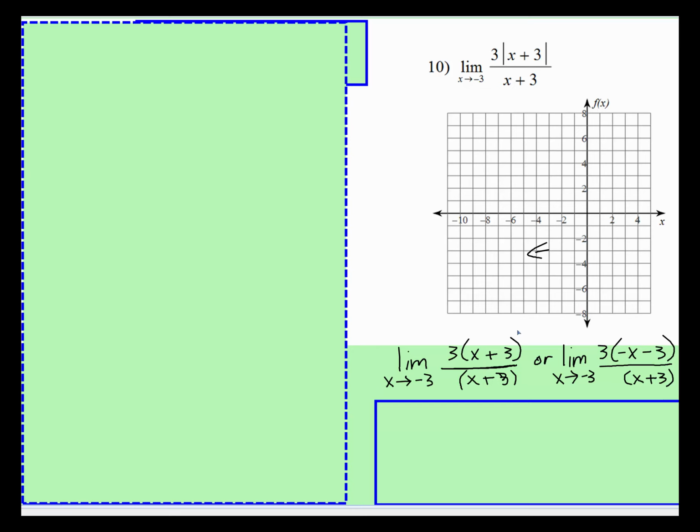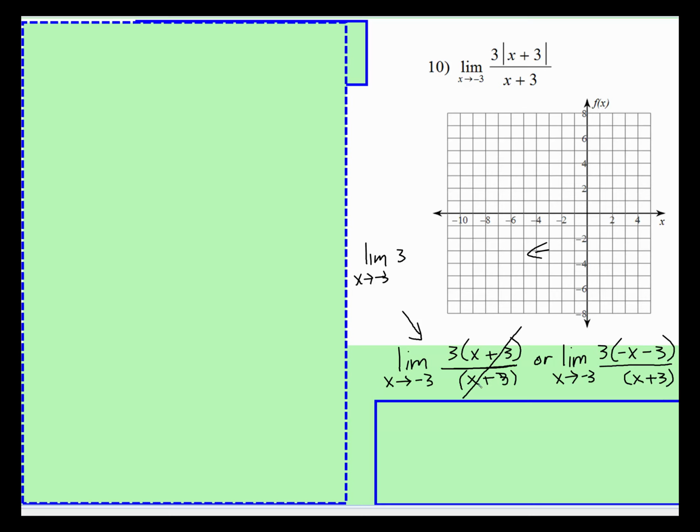Well, if you notice on this equation, this limit right here, well, any quantity over itself cancels. And then when you evaluate the limit, you just have equals 3. And with a hole right there. Well, when you have the limit as x approaches negative 3, 3, that's just going to be a horizontal line at 3.